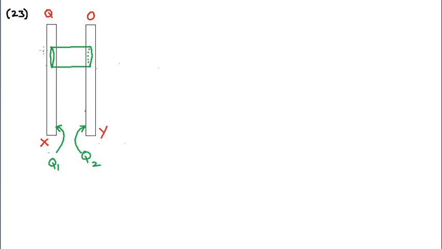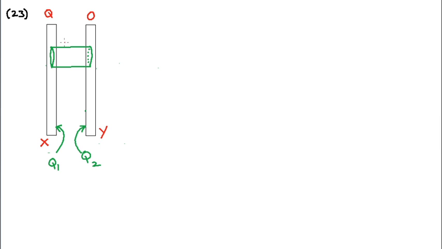Now, since we assume that the charge on each of these four surfaces is uniformly distributed, and it could be assumed to be an infinite plane of charge because of the dimensions of the plates being large compared to the thickness and also compared to the distance between the plates.